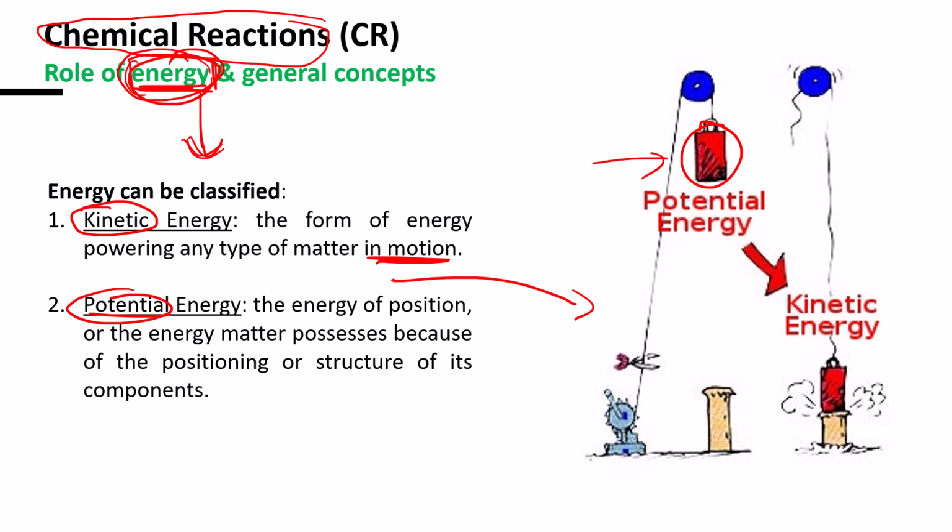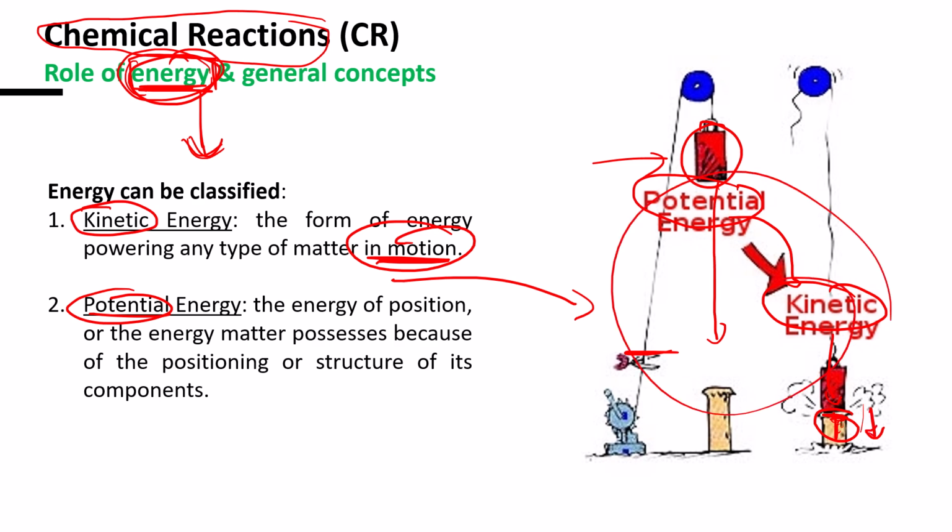The energy has not been released from this block yet, but of course, if you cut the string here, this block will now be in motion, right? And now all this potential energy will transform into kinetic energy, which is the energy that can be used to generate a force. In this case, that force is the one that is going to hit this pole or whatever, to bring it down.